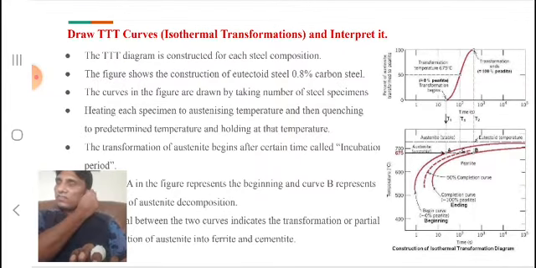In continuous cooling transformation, what we have is retained austenite.